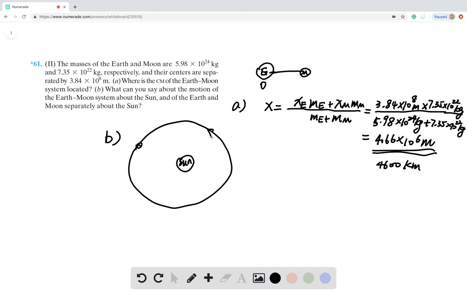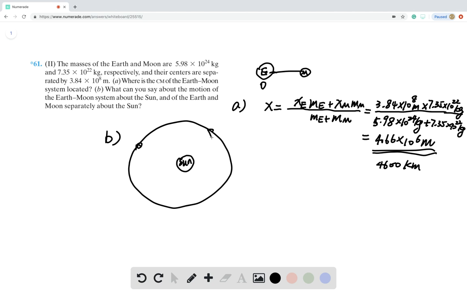Back in chapter 5 we were treating Earth and Moon as a point mass, which is not exactly true; what we are really saying is that the center of mass is treated as a point mass. So what can we say about the motion of the Earth-Moon system about the Sun? The center of mass is rotating in circular motion around the Sun.